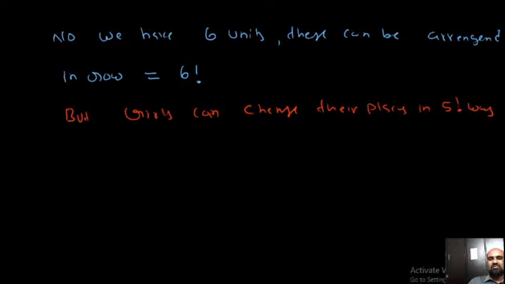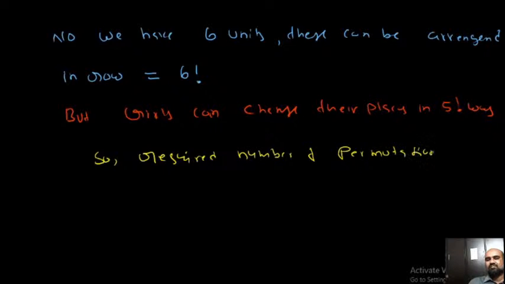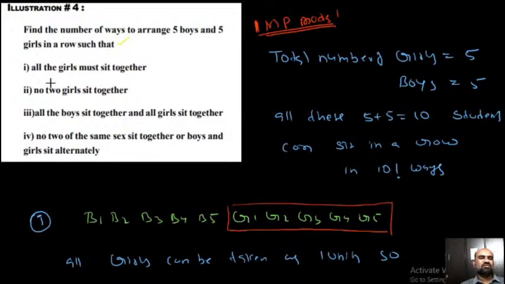So the required number of permutations is equal to 6 factorial into 5 factorial. I hope you understood. First one completed. What is the answer? 6 factorial into 5 factorial.